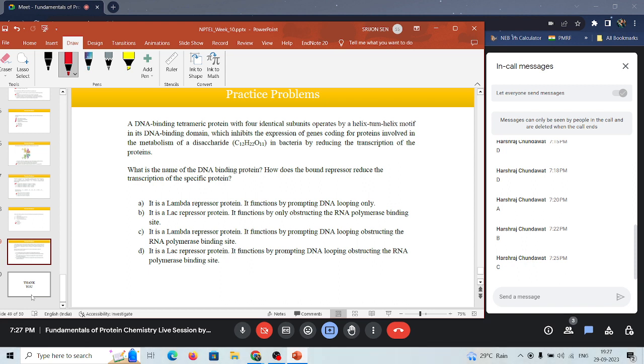It's a lambda repressor or a lac repressor, and functions by promoting DNA looping only, by only obstructing the RNA polymerase binding, or by DNA looping and obstructing the RNA polymerase binding.